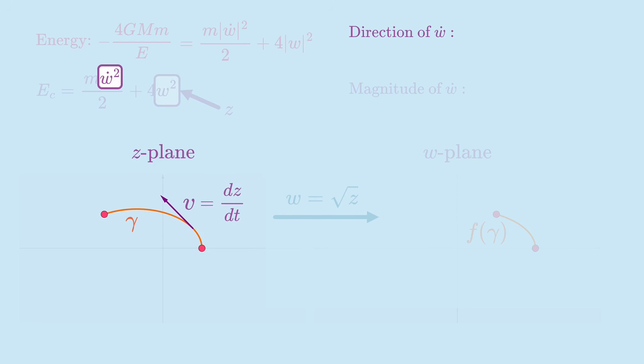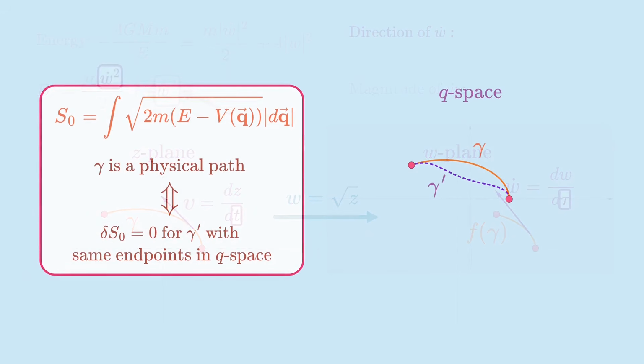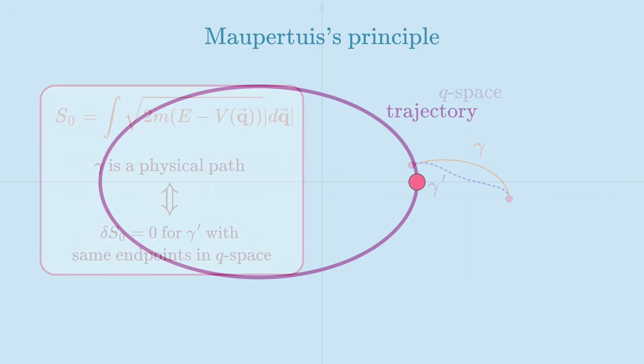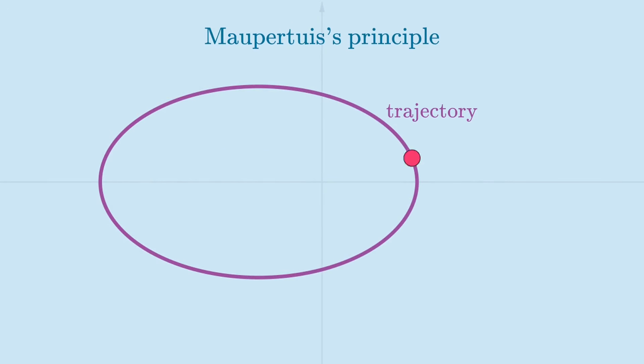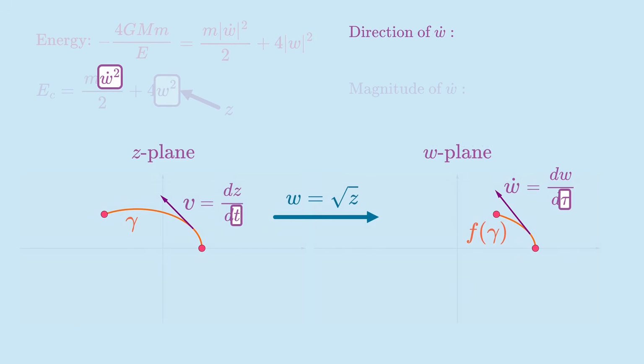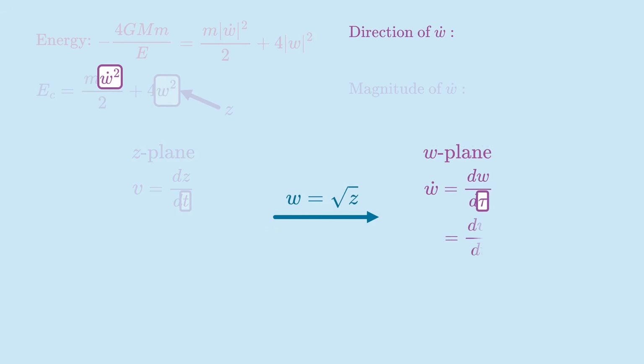This v is the time derivative of the position z, and the w dot we wanted to calculate is also a time derivative, but in principle, the two times can be different since the Maupertuis principle that we use to deduce the square root relations only cares about the trajectory itself but not the time evolution, so you can only know the direction of the movement but not the speed, at least not directly. Nevertheless, we can differentiate w with the help of chain rule.